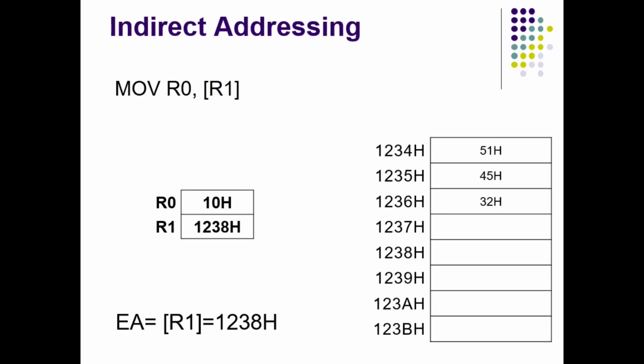So when this instruction is executed, the processor considers the content of R1, that is 1238H, as the effective address and goes to that particular address 1238H. It transfers the R0 value to that particular memory location. That is, the R0 value 10H is stored in this particular effective address.